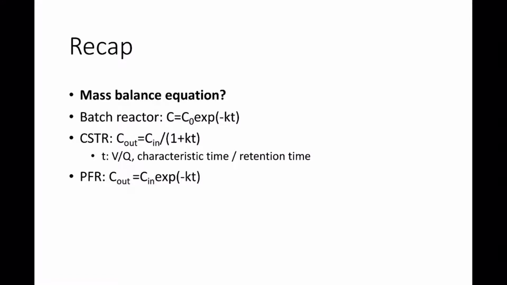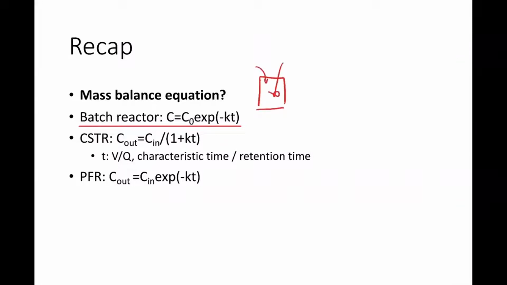For example, the batch reactor happens in batches: we send the wastewater in, let it stir and react, and then discharge it. The outlet concentration decreases exponentially if we assume a first order reaction, and for most reactions, we just assume it's first order.